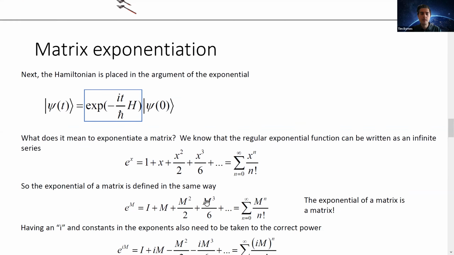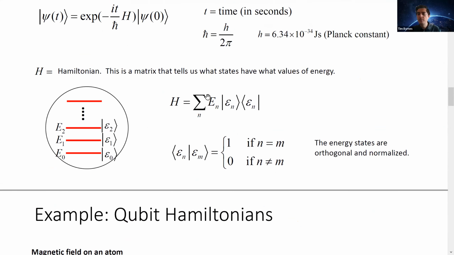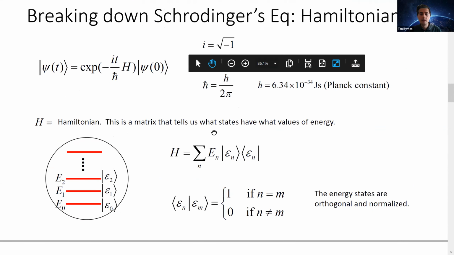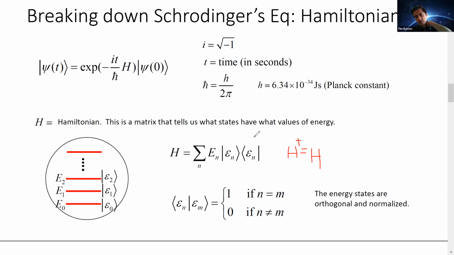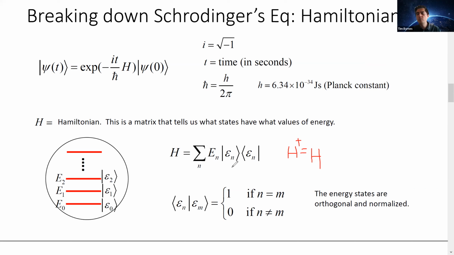Maybe one thing I forgot to mention about the Hamiltonian matrix is that these energies are always real. Because these energies are always real, it also means that this is a Hermitian matrix. That means that if you did H dagger, it will be equal to H. And this is important, because for Hermitian matrices, this guarantees that the eigenvalues are always real.